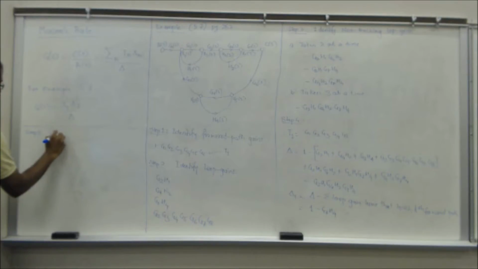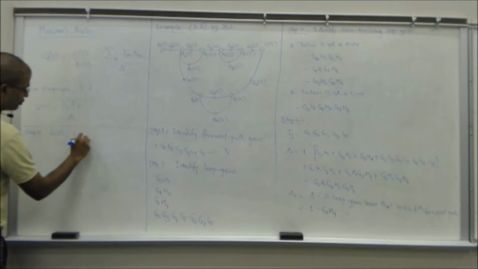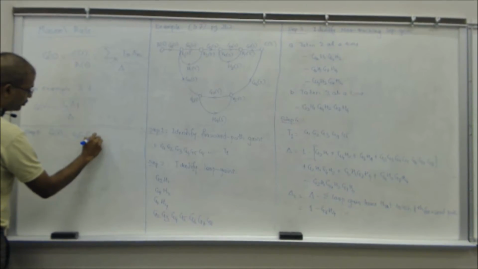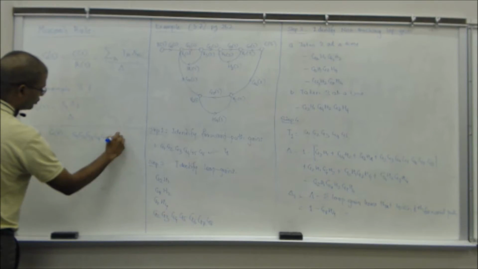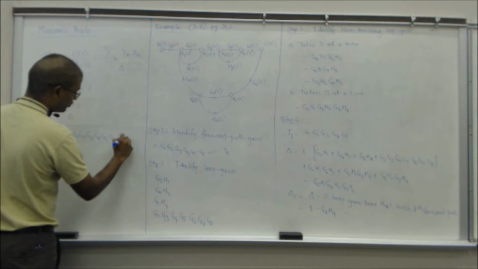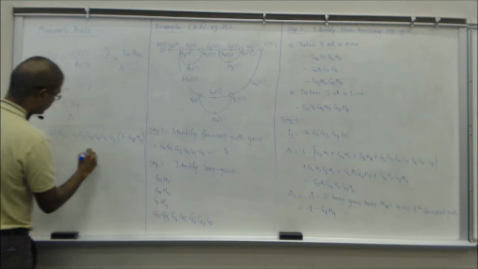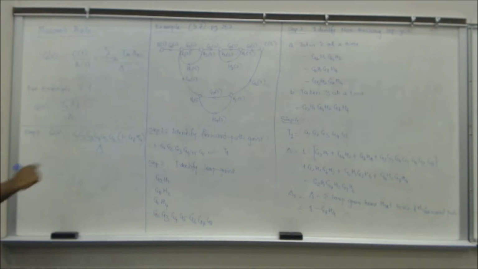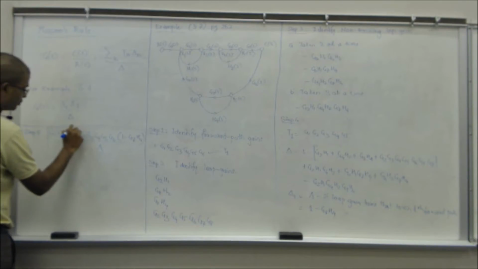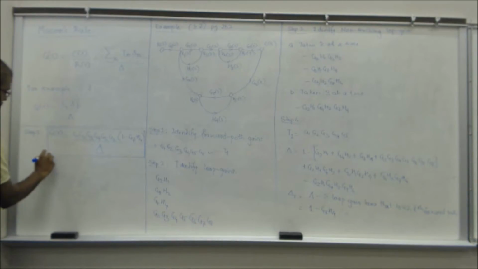You have G of S is equal to G1, G2, G3, G4, G5, G6 into 1 minus G7H4 over delta. Okay. So you have to write down all that delta. So this is your transfer function.